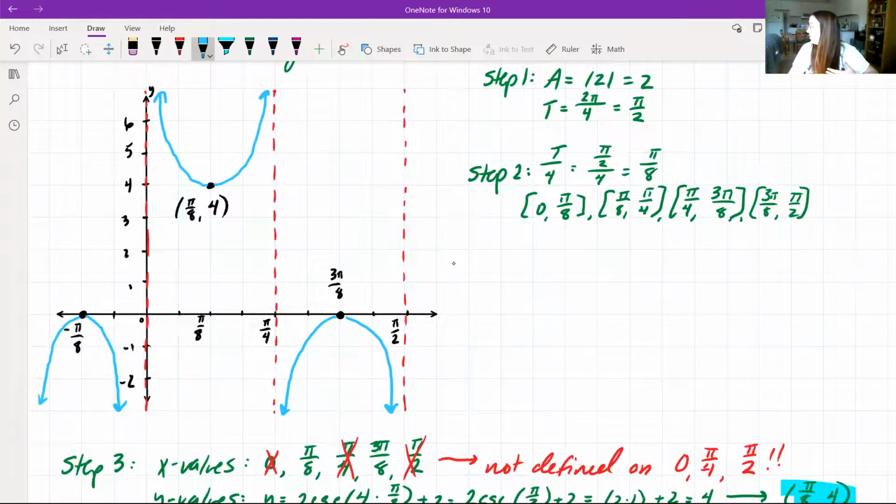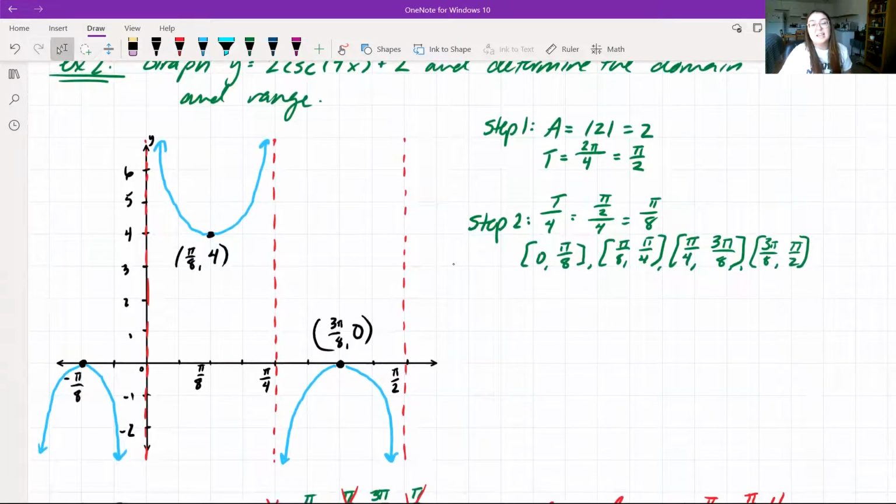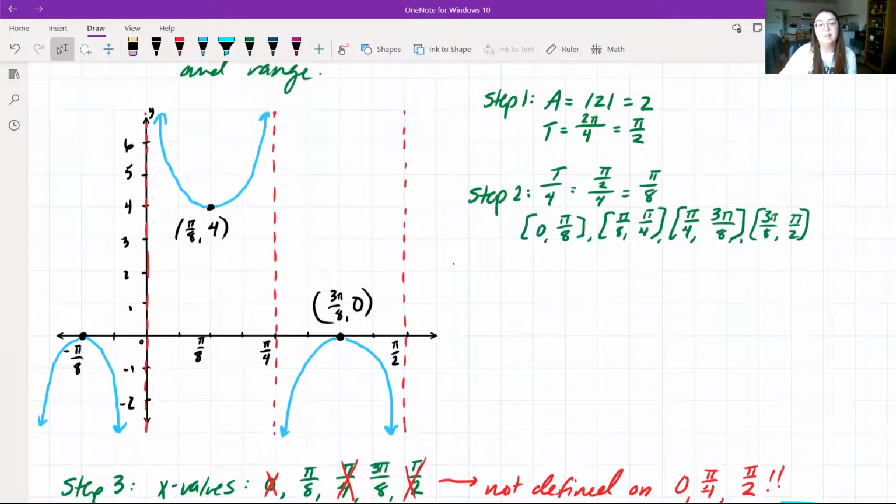So something along those lines. But all right, so we've graphed out our cosecant function here. And the last thing we need to do is determine the domain and the range.